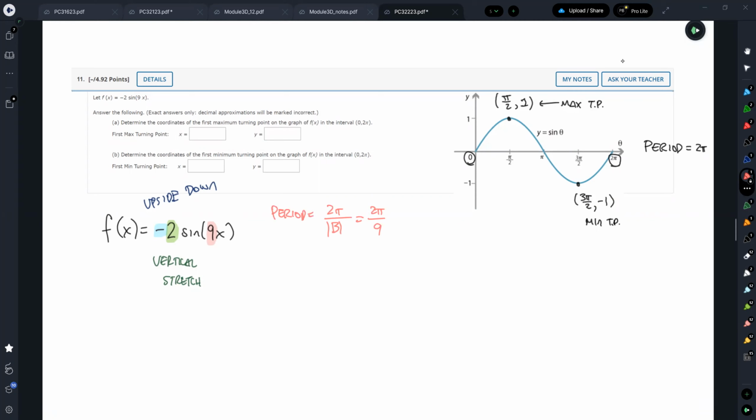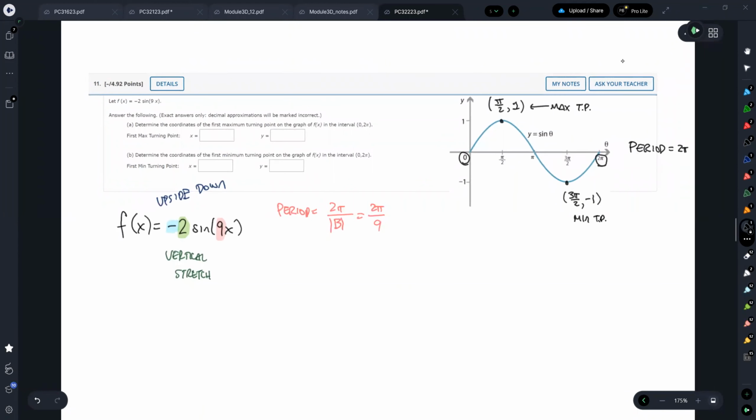All right, so I'm going to do a rough sketch of this new function. First of all, the negative is going to make it flip upside down. And then the positive 2 is going to stretch it vertically. So instead of going to -1, it's going to go to +1, instead of -1, it's going to go to -2.